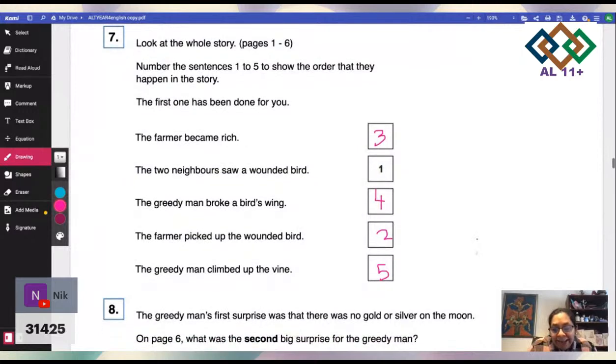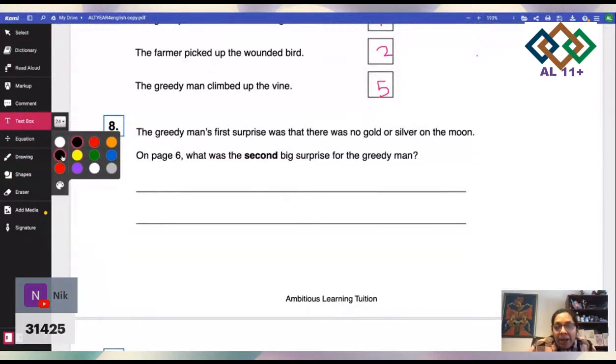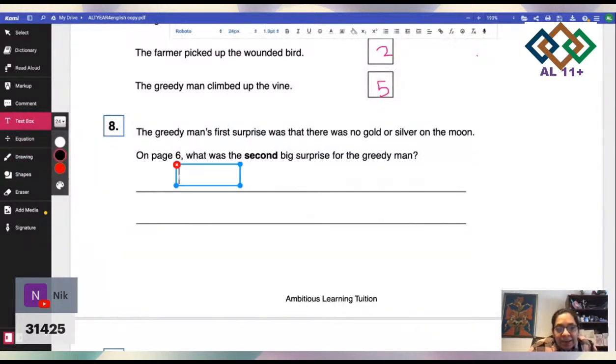So, let's move on to the next one. The greedy man's first surprise was that there was no gold or silver on the moon. On page 6, what was the second big surprise for the greedy man? He went to the moon because, remember, he is really greedy. He went to the moon because he wanted to find gold.